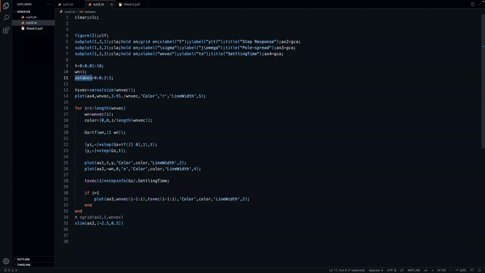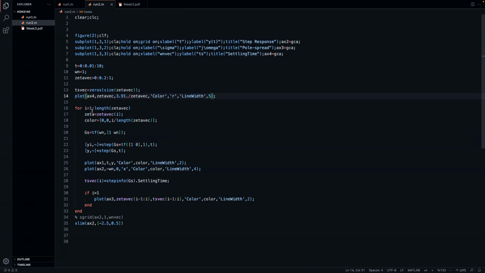So everything that basically uses a vector, the for loop itself, length omega n vec here, those are going to be versus zeta vec here, probably this one too. So this is going to be the value of zeta, omega n, ts, zeta vec. Yeah, this is going to be zeta vec.